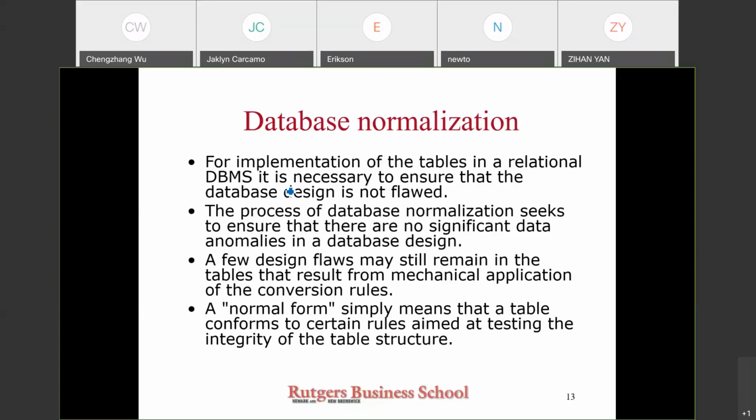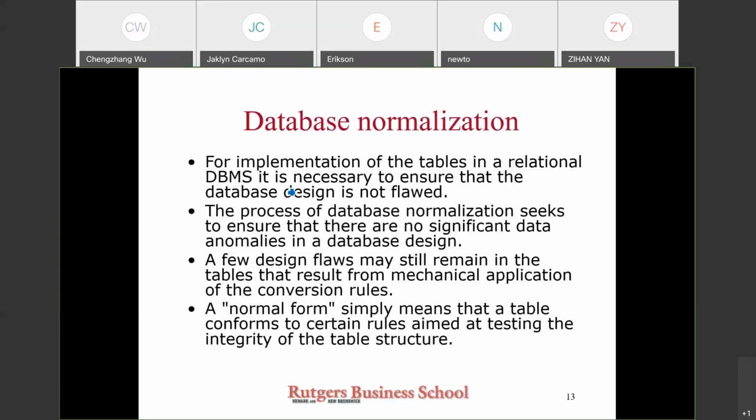But for the present, the vast majority of logical models are implemented in a relational database management system. So the need to convert the ER diagram into tables is necessary.